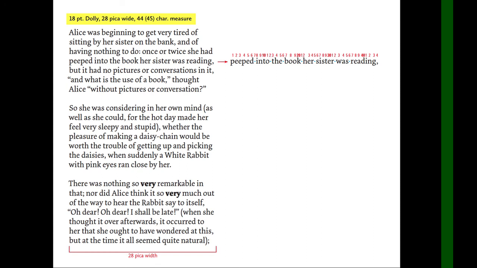But it is very good practice when you first start doing this to just choose your longest line in a column and count. You don't have to do this for every line. You don't have to do this for every paragraph. You don't even have to do this for every column if the columns are the same physical measurement. You just want to get a feel for, at this size and this column width, what is my character measure?